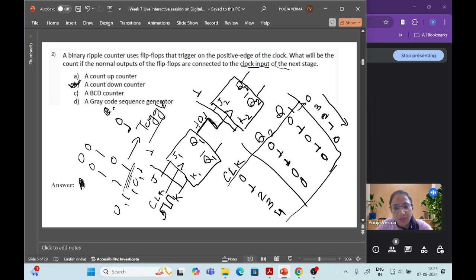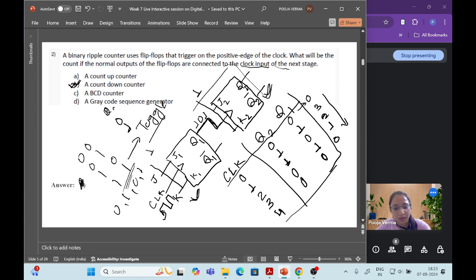When the first clock pulse output is 1, then the second flip flop will be activated, right? Otherwise it will act as deactivated, because if it is a 0 there is no clock pulse. Whenever the first flip flop output is 1, then it will be activated.